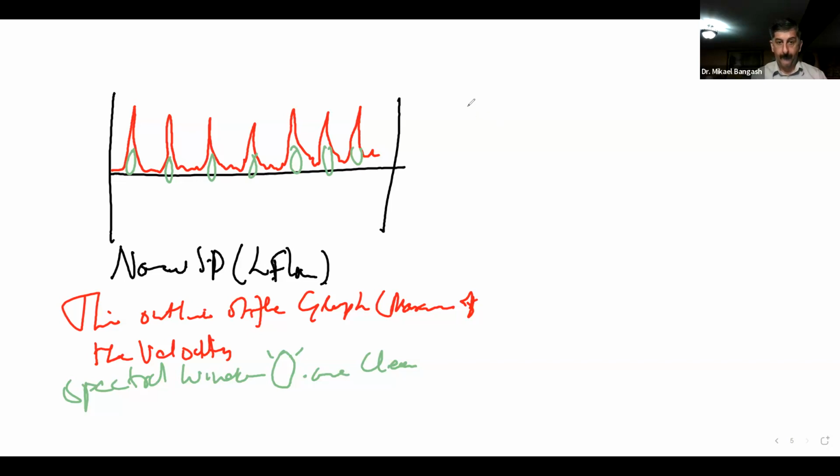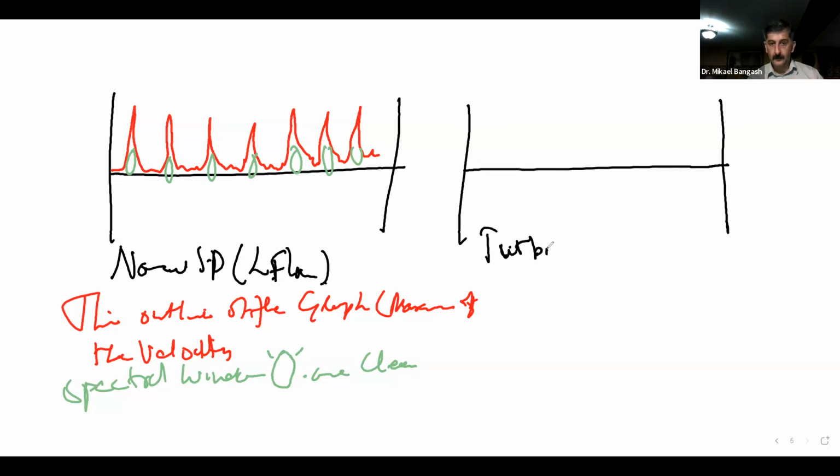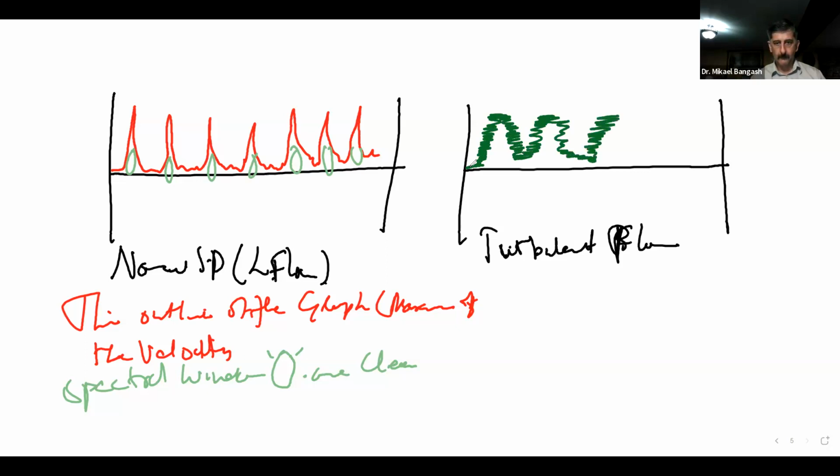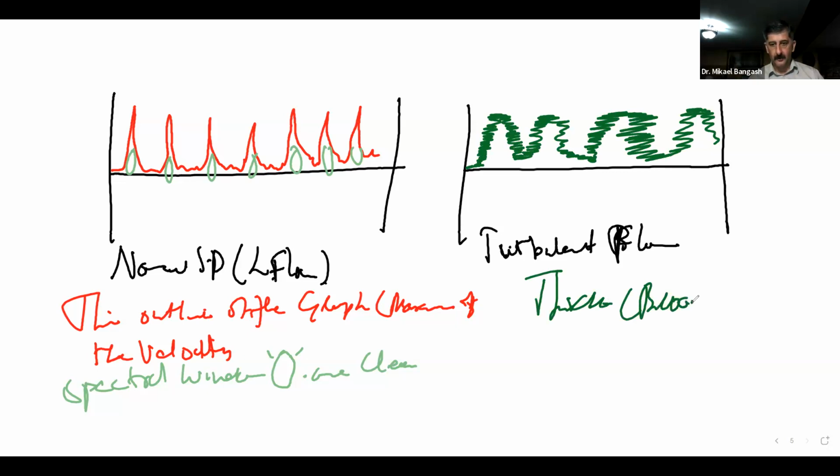Whereas if we had a turbulent flow, what we mainly will have is that the outline is going to be thick, or we can say a broad outline of the graph.